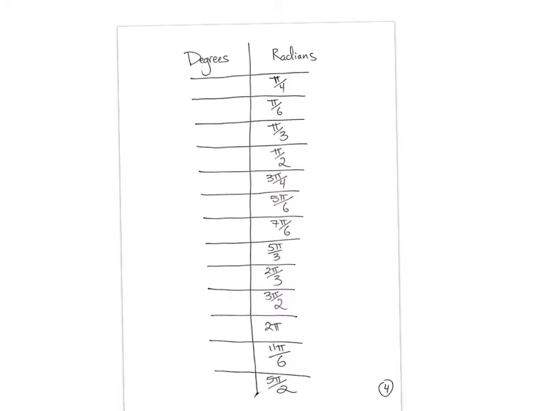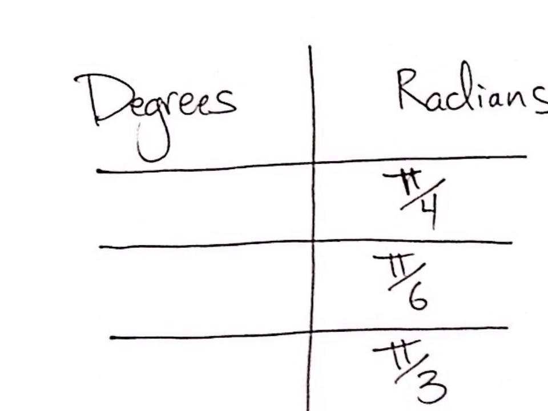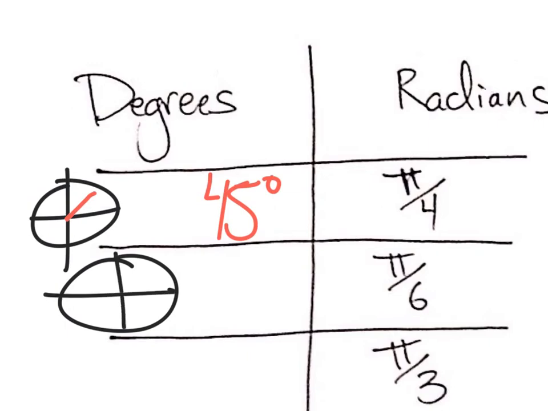Alright, so if you just sat there waiting for me, shame on you. Here it goes. Pi over 4, I'm going to go quickly. Pi over 4 is right here, 45 degrees. Pi over 6, 1/6, that's 30 degrees.